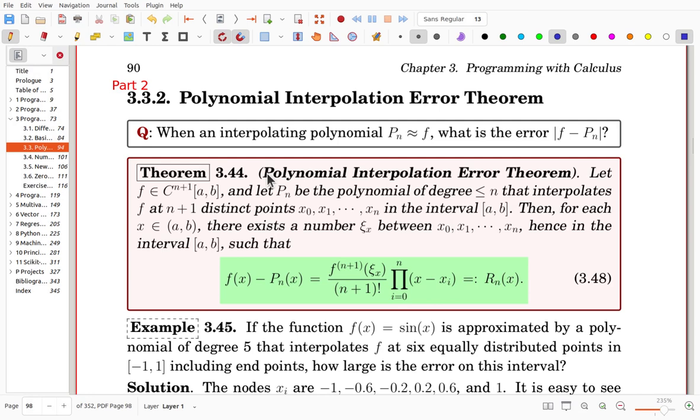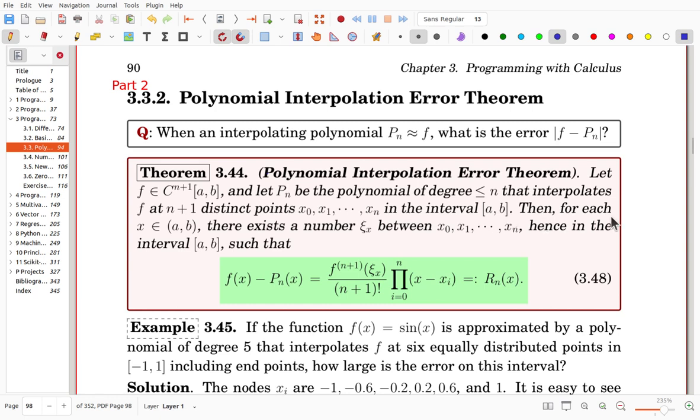Let's see this theorem, Polynomial Interpolation Error Theorem. f is continuously differentiable n plus 1 times, and Pn is the interpolating polynomial of degree n of f at n plus 1 distinct points x0 to xn, which are chosen in the interval [a, b].